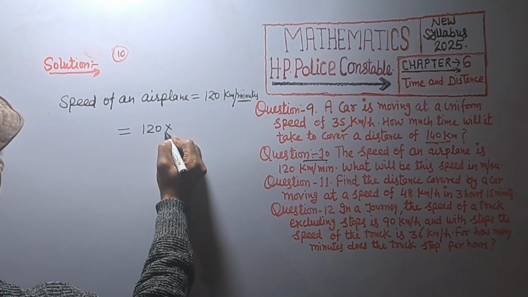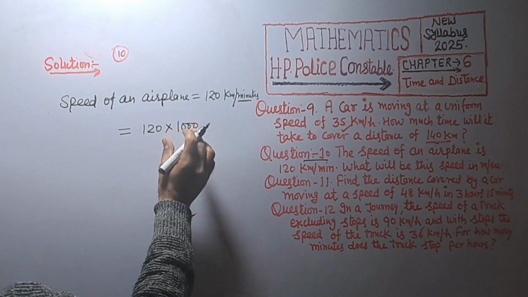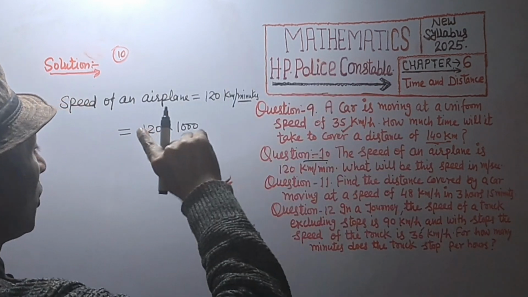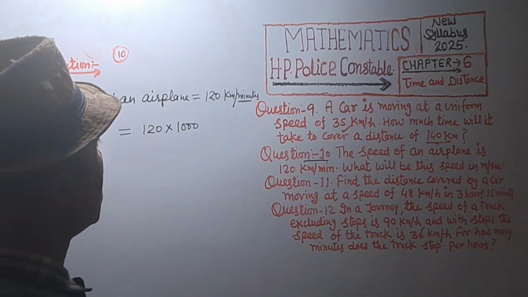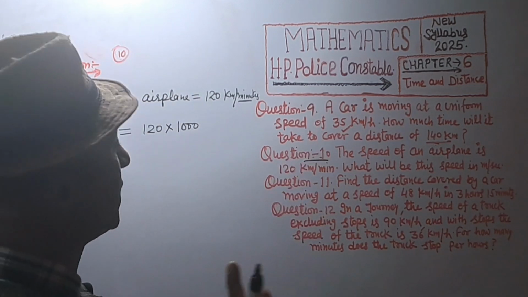120 kilometer, 1000 meter. 1000 meter is equal to 1 kilometer. 1 kilometer equal to 1000 meter.